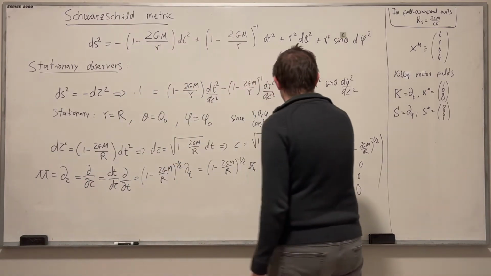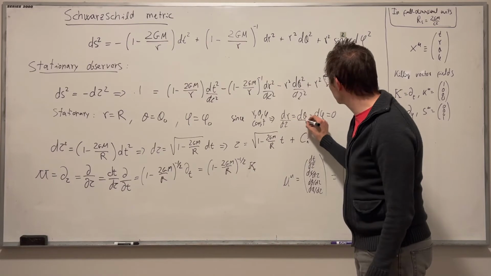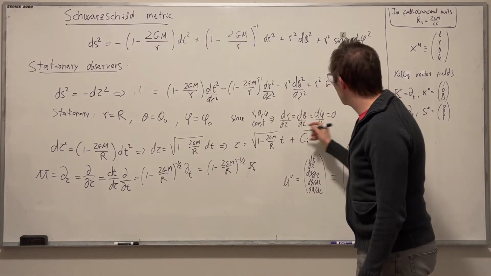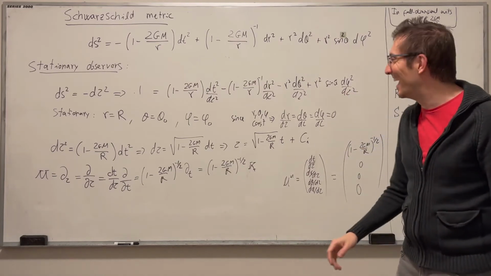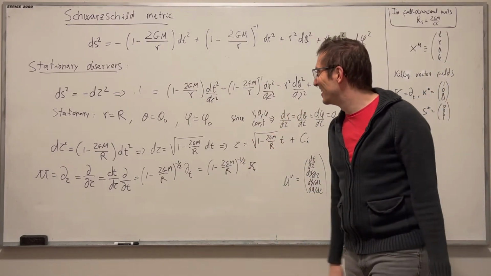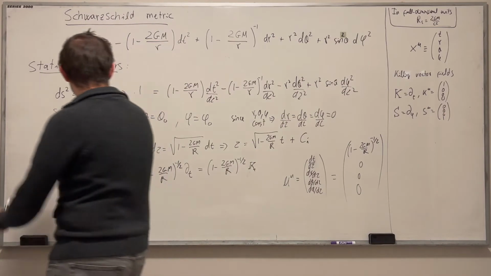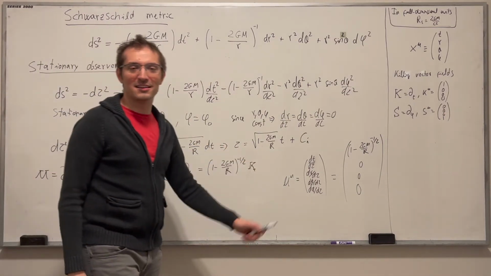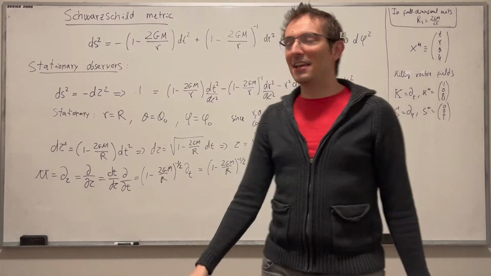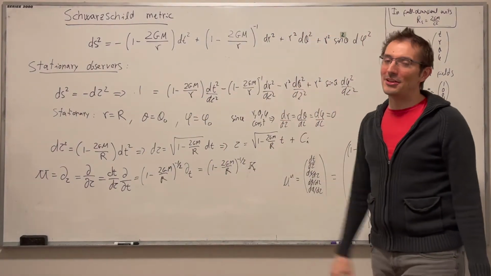Instead, I say these things are equal to 0 because I'm not moving in those directions. So it's a little bit friendlier and yields the same results. I would have the dt² already here, and then I can integrate both sides, and I end up with this, which again is better if you want, still very dirty.